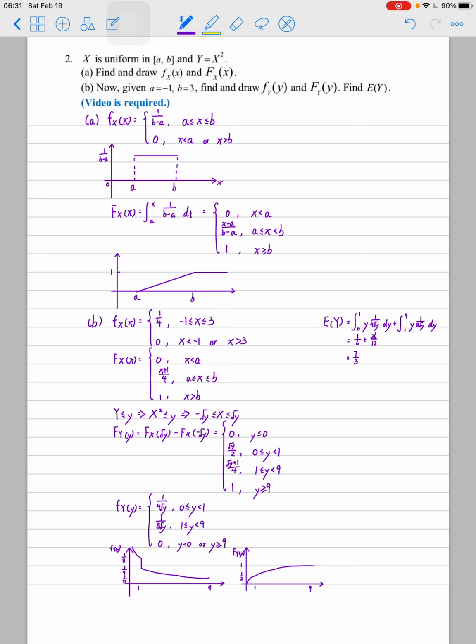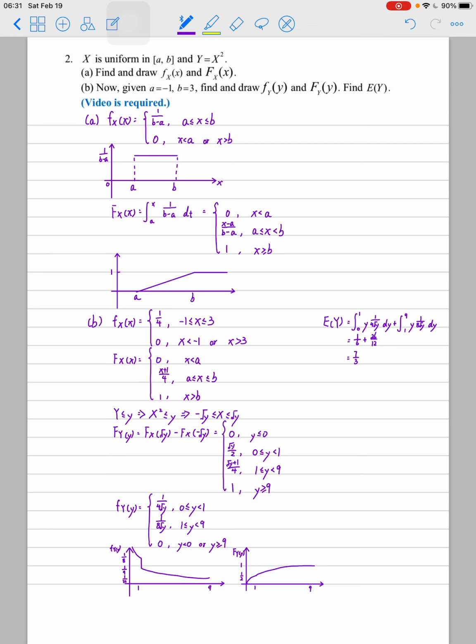Then this is the diagram I drew, and F_X(x) equals the integral from a to x of 1 over b minus a dt. When x is smaller than a, the formula equals 0.